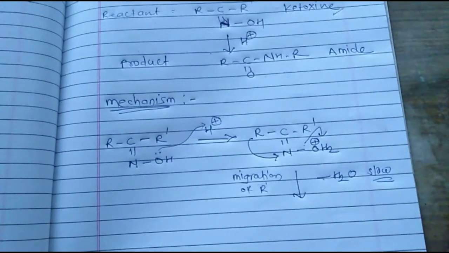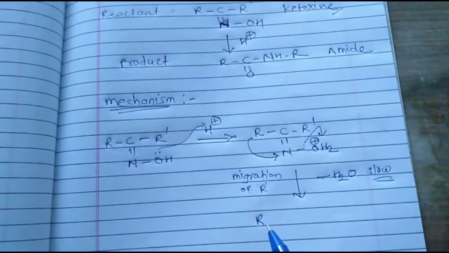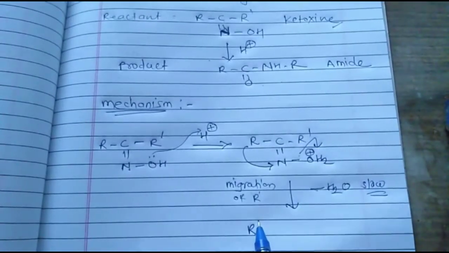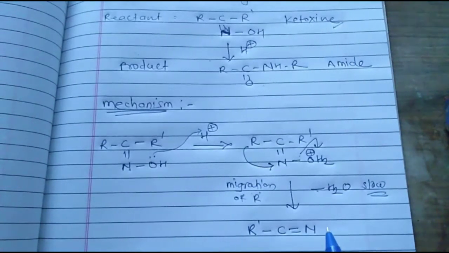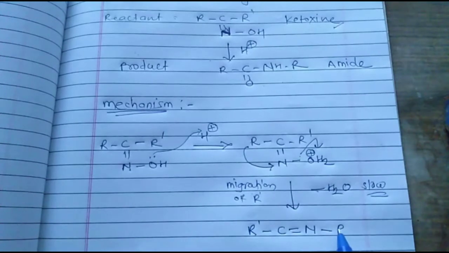Then there is a formation of the R which has migrated here, and this is R dash. Here this carbon has a double bond with the nitrogen, and at this nitrogen the R group has migrated like this.